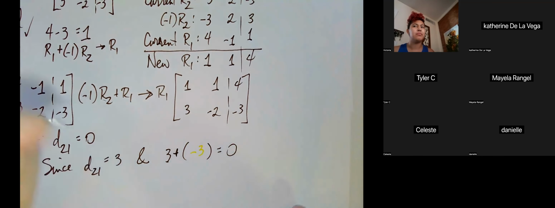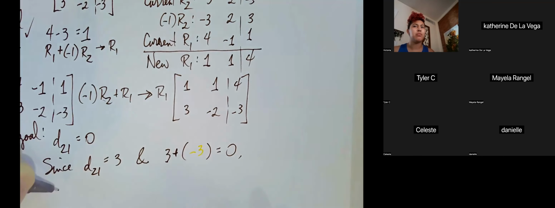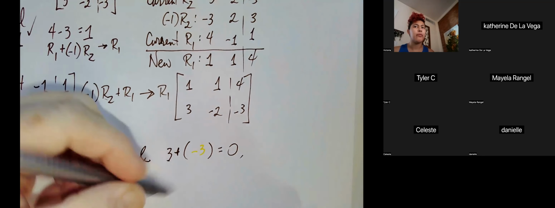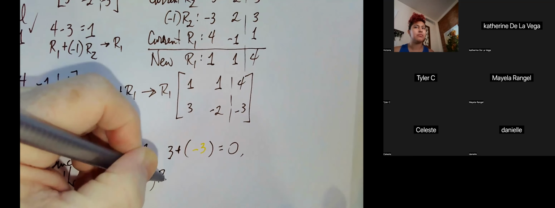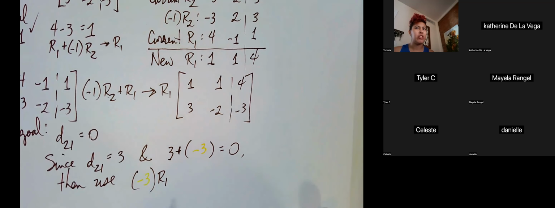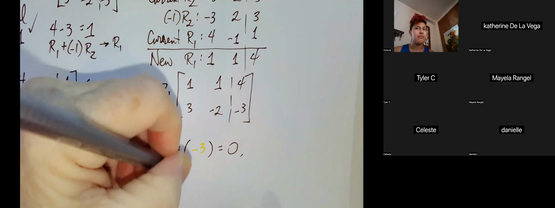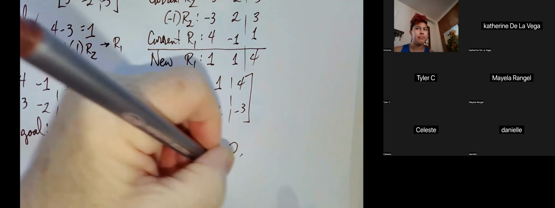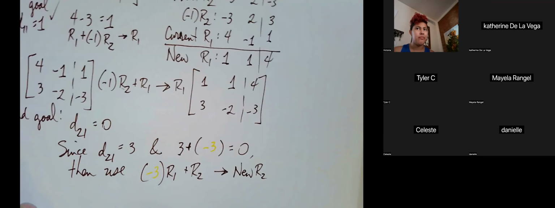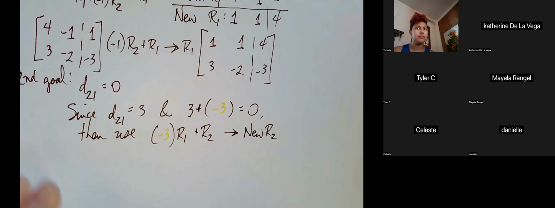We're going to add -3 times row 1 to row 2 to get a new row 2. Let's work that out.